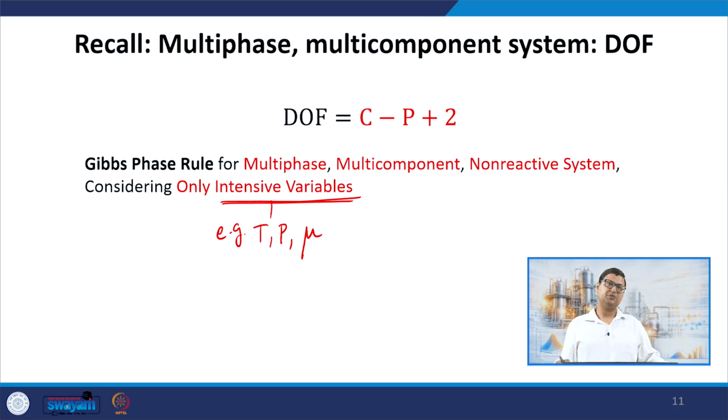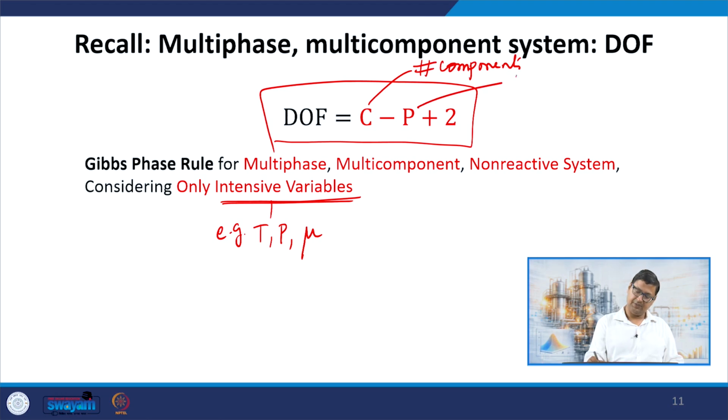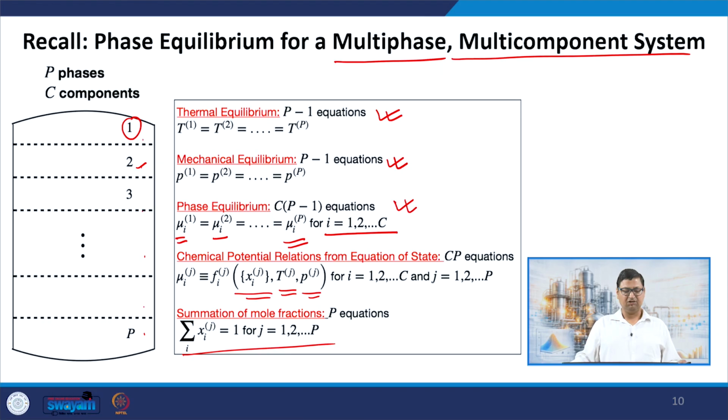So only for those variables we can find the degree of freedom as C minus P plus 2, where C is the number of components, P is the number of phases, right? And we have done some example applications of this. How did we get this relation? We basically counted the number of equations that we have, and we looked at the number of variables that we have.